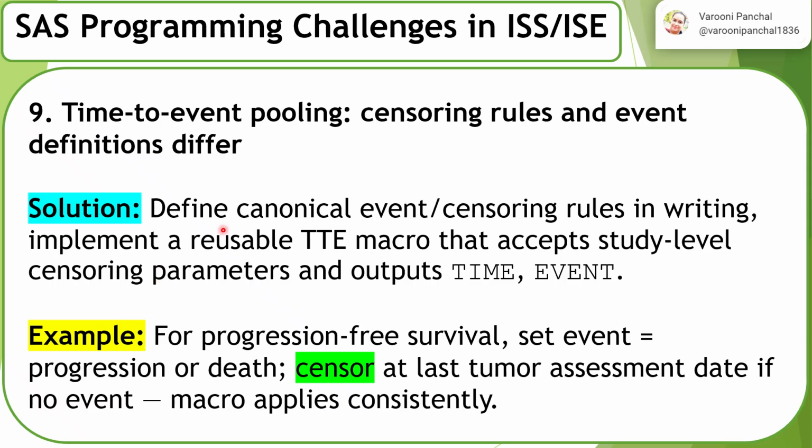So you can define canonical event and censoring rules in writing, and implement a reusable time to event macro that accepts study level censoring parameters and outputs time and event. For example, when I'm using progression free survival, set event equal to progression or death.